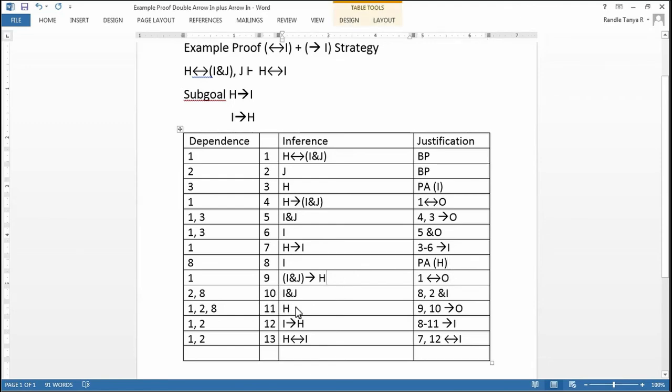On line 11, I derived H. So on line 12, I inferred the conditional if I, then H. This eliminated dependence on the provisional assumption I. And then on line 13, I applied the double arrow in rule to get my conclusion.